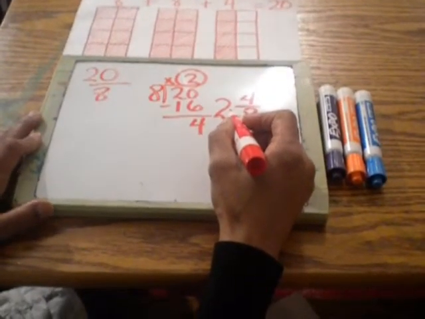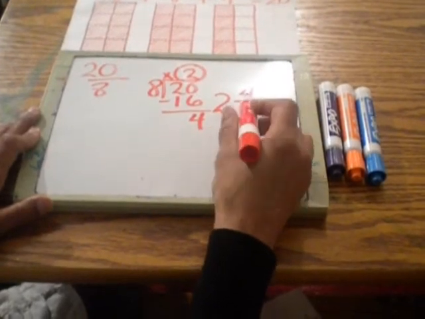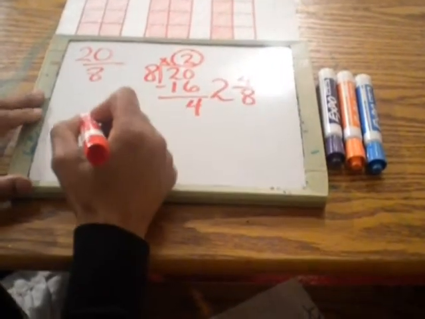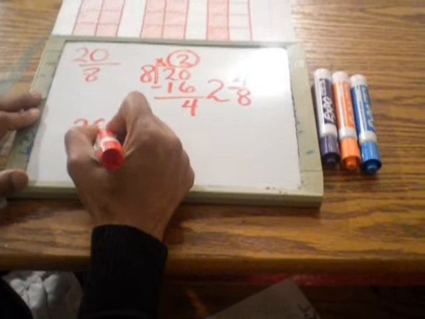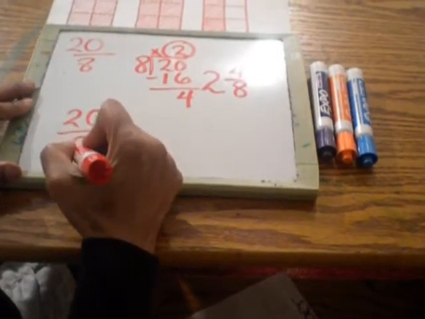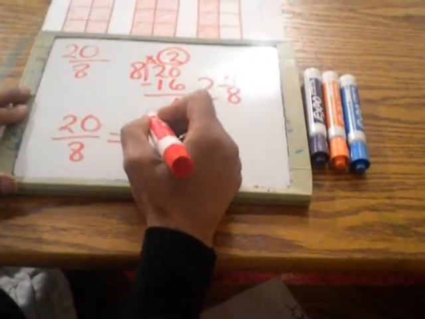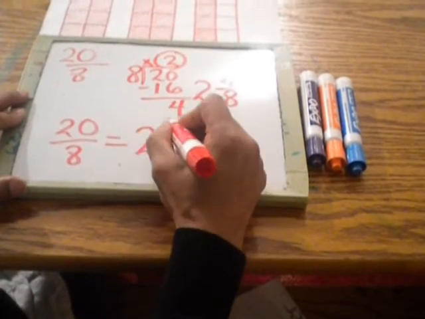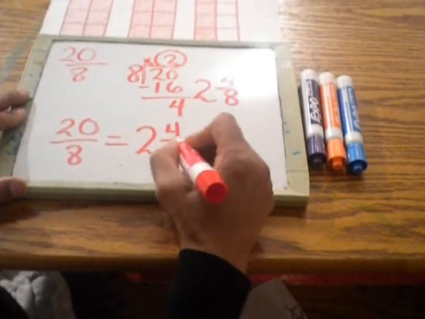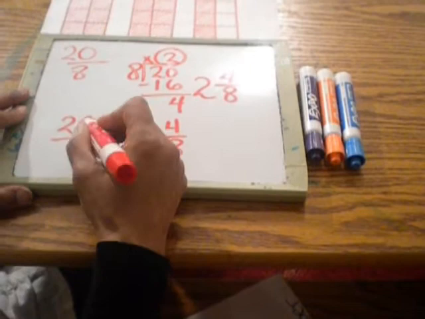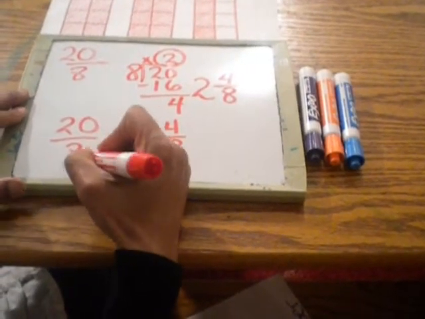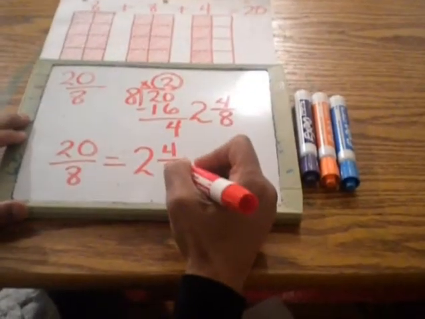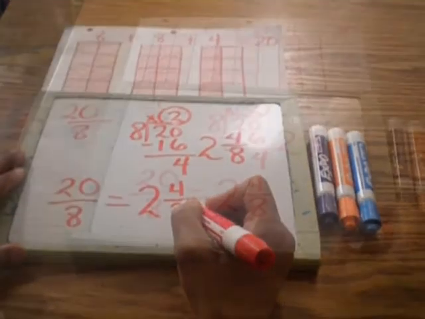So our mixed number will be 2 4/8. So we can say 20 over 8 equals 2 4/8. 20/8 is our improper fraction, and 2 4/8 is our mixed number.